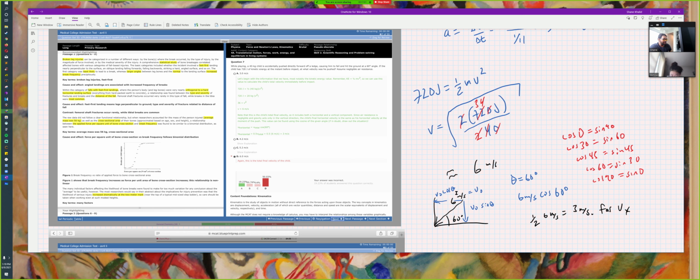Horizontal is the resultant times cosine of theta. And you should also know that cosine of 0 is equal to sine of 90. So that's just 1/2. So 1/2 times 6 is 3. So it's 3 meters per second.